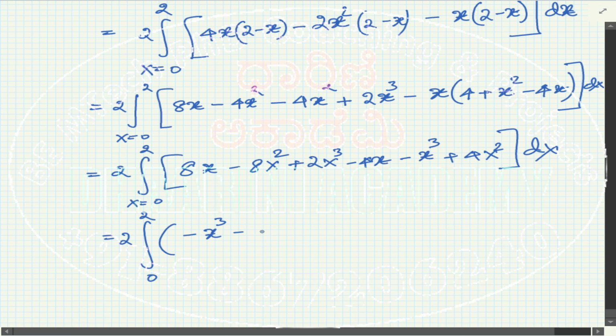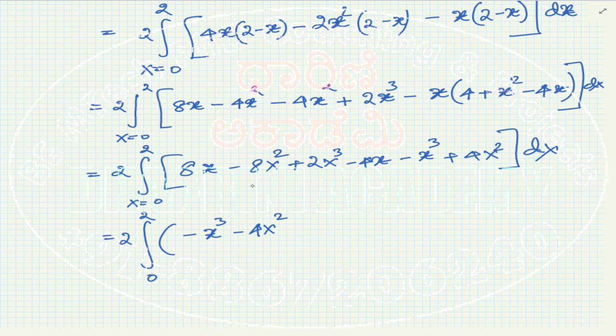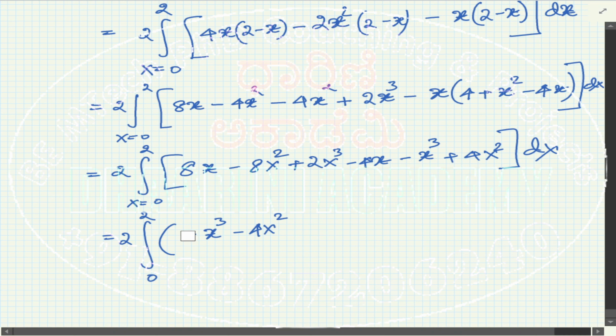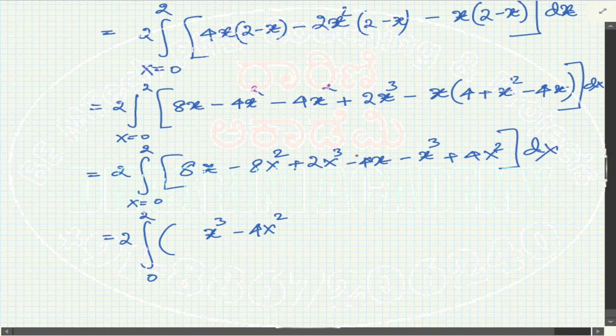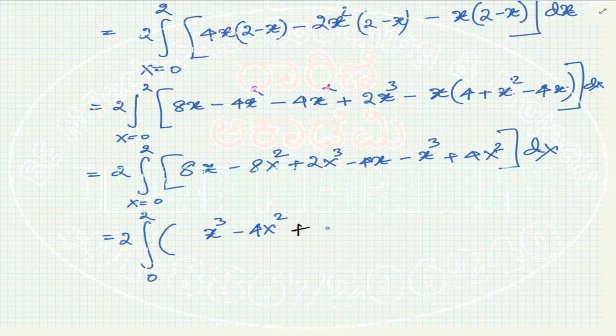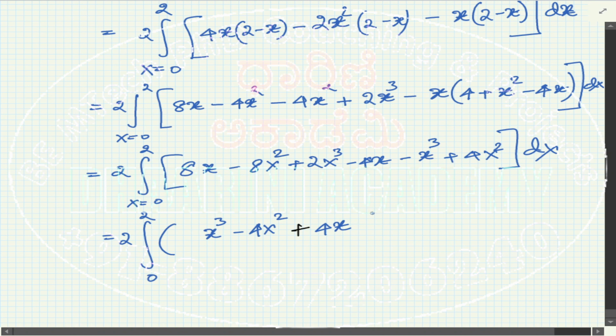This is minus 4x square. Then we have 8 minus 4x is, sorry, this is 2x cube minus x cube is a plus x cube. So please correct. This is a positive quantity, so this is plus x cube minus 4x square. Then we have plus 4x into dx.